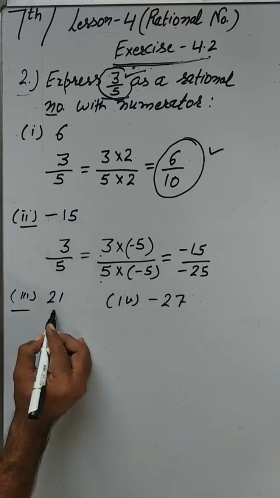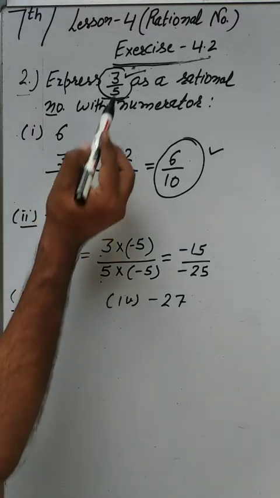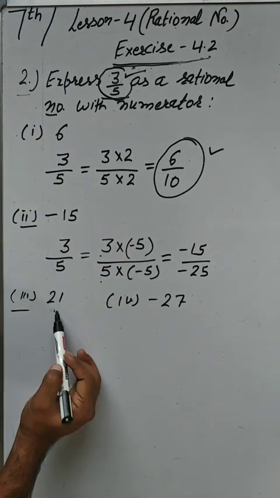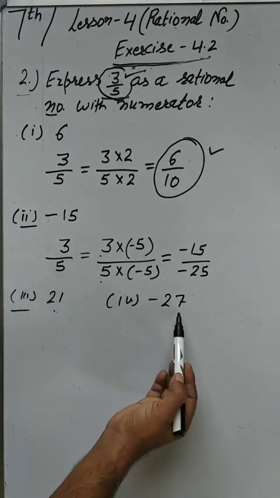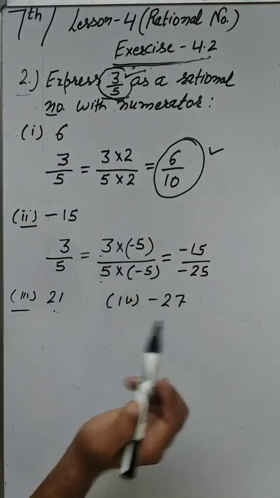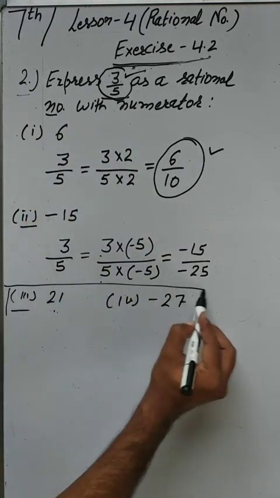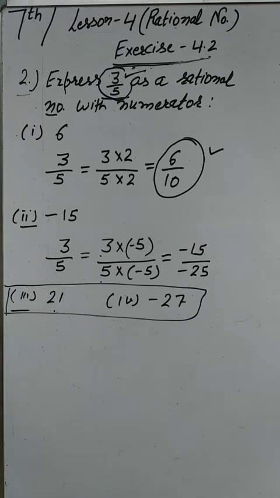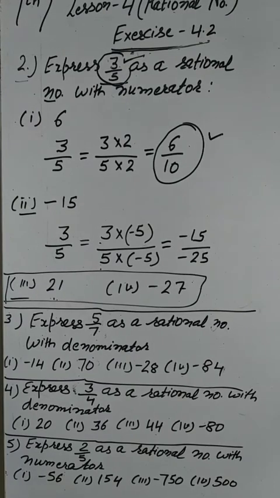In the third part you have to change the numerator into 21, meaning you have to change 3 into 21, and in the fourth part you have to change 3 into minus 27. I am sure you will solve these two parts very easily.